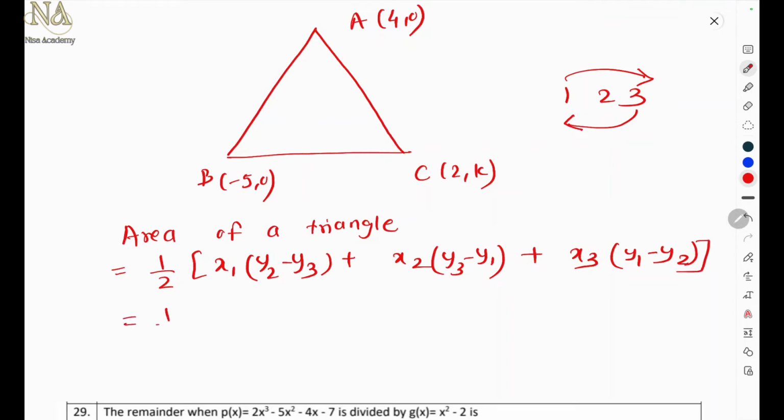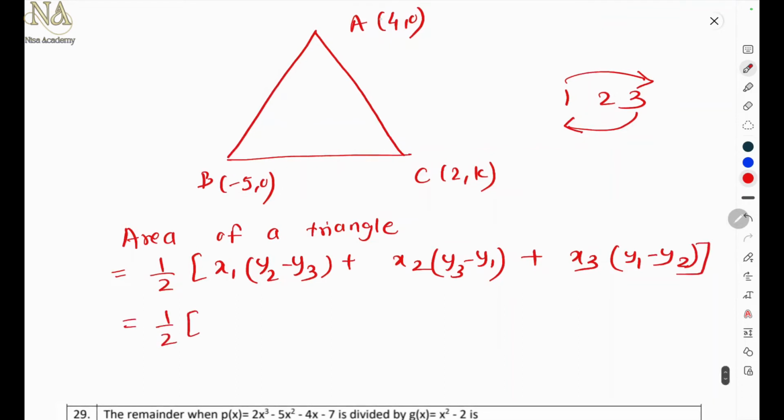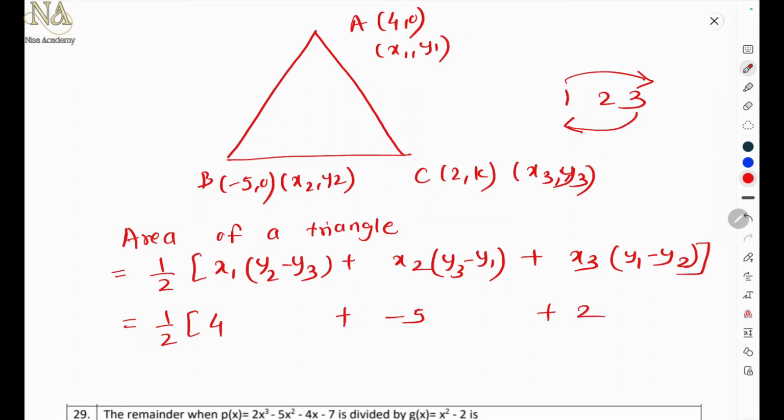Yes. So half into. So just name these points x1, y1, x2, y2 and x3, y3. So x1 is 4, x2 is minus 5 and x3 is 2. And y2 is, you can see here, 0, minus y3 which is k.